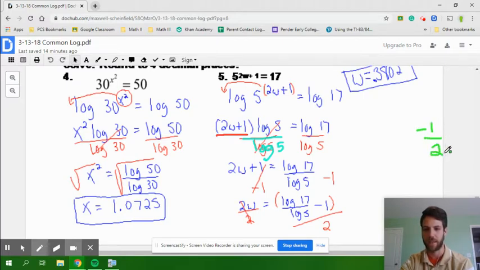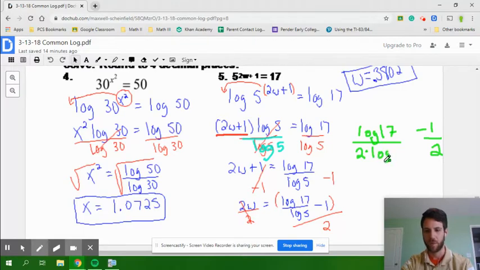So that's easy. But for this logarithm fraction, when you're dividing it by 2, you're actually multiplying by 1/2. So if you look at this log fraction right here, half of that would be log of 17 on the top divided by 2 times log of 5 on the bottom.